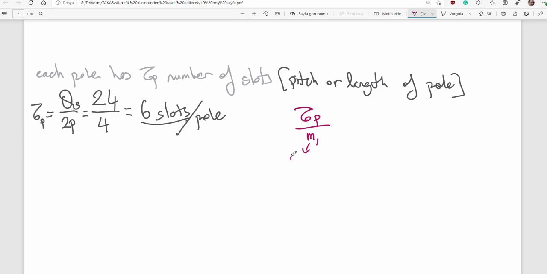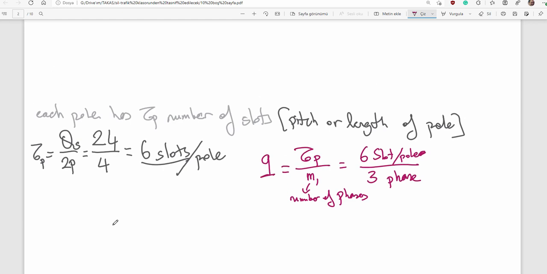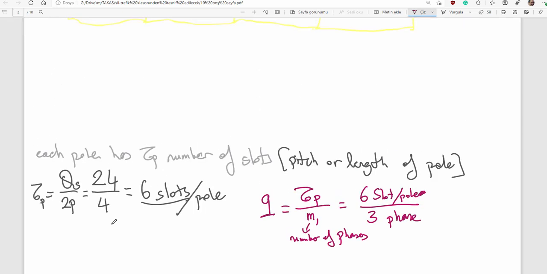Number of phases. I mean 6 slots per pole over the number of phases. That is called Q. Q is the number of subcoils in a coil.